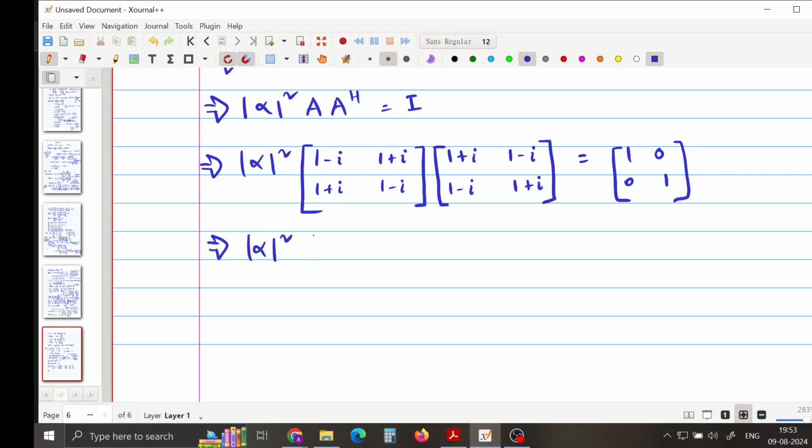You can multiply these two matrices together, simple matrix multiplication. I'm just writing the intermediate steps for completeness. This will be the first entry. This is the second entry.